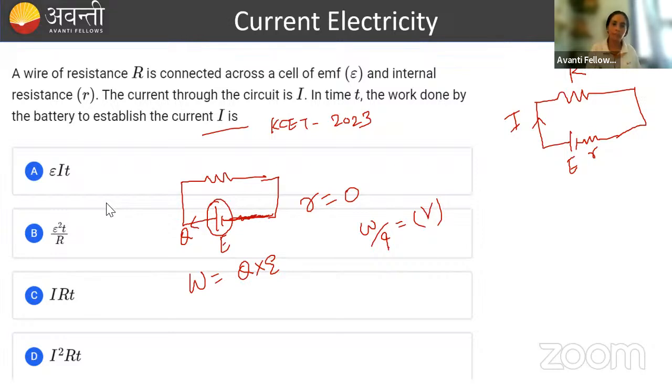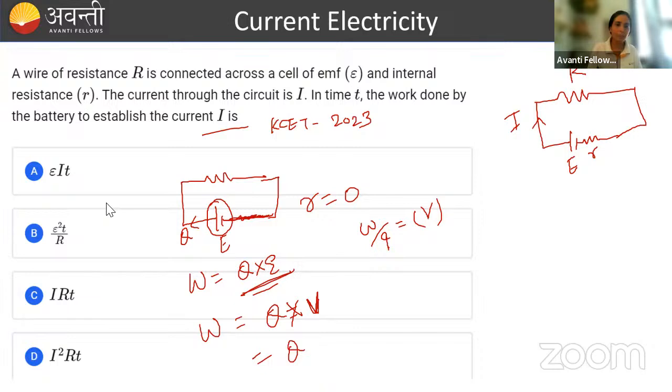And in the cases where the battery's internal resistance is present, in that case what will you write for work done? Charge into potential difference. ठीक है.